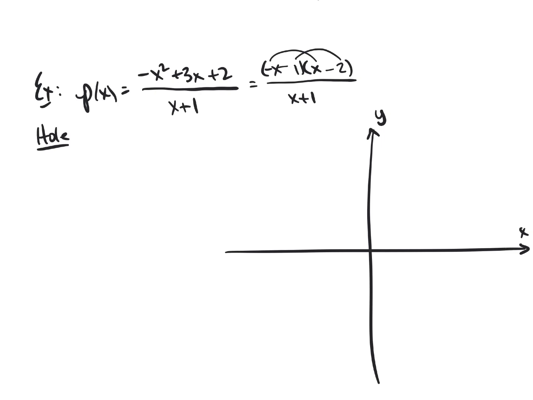And if it's not factorable, then we can't cancel, and therefore we don't have any holes. Okay? Next up, we look for zeros, and zeros of course occur anywhere the numerator is equal to 0.